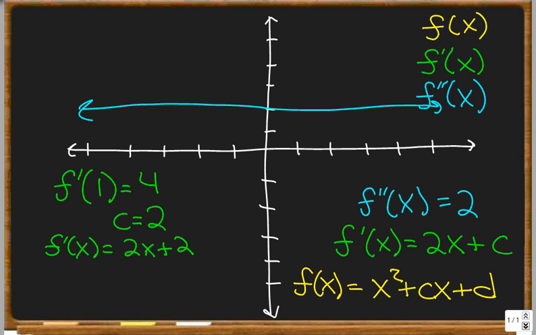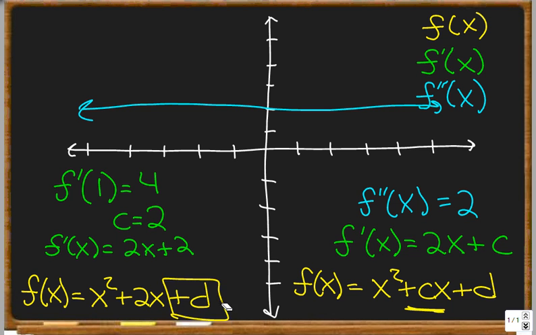So when we move up again and try to integrate that, we know that this is x squared, and we know that our cx is 2x, because we know c is 2. So we need one more piece of information to figure out what the d value is, what the extra constant is in order to make this work. As you integrate, every time you integrate, you have a constant that you are adding, and you need a piece of information to tell you what that is.